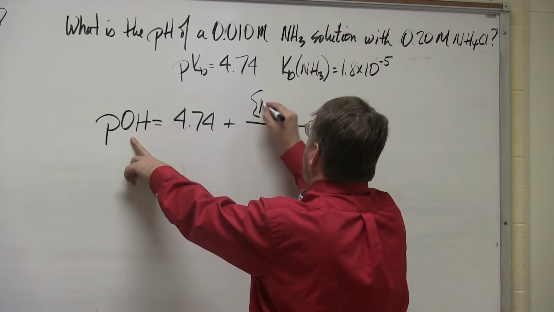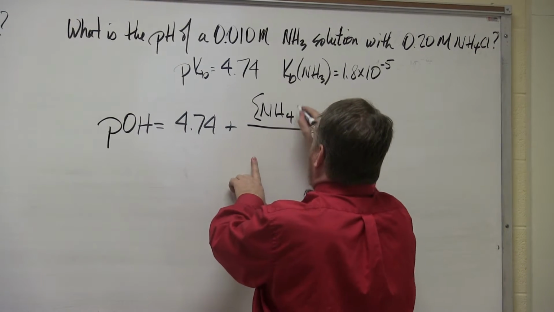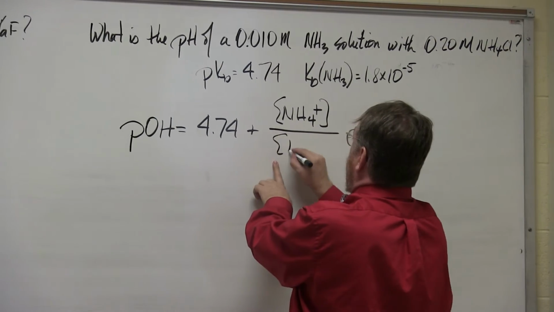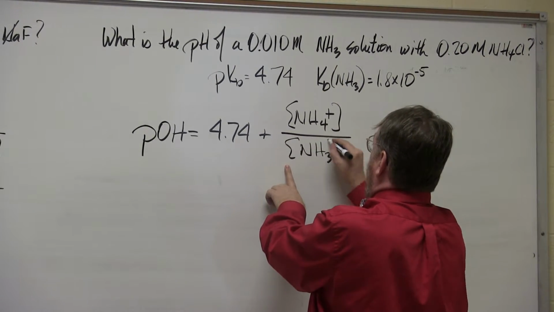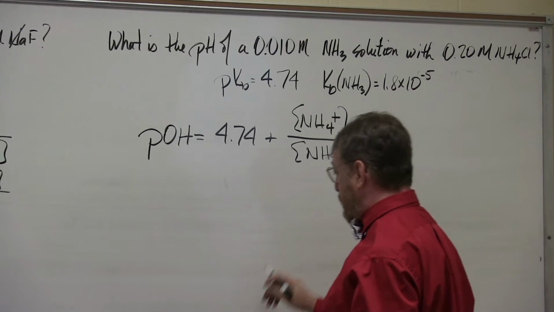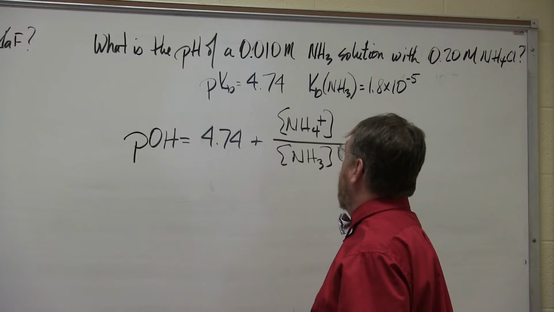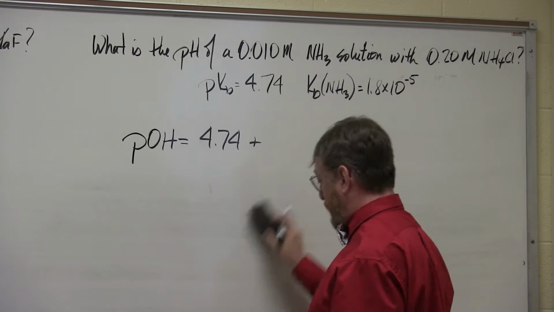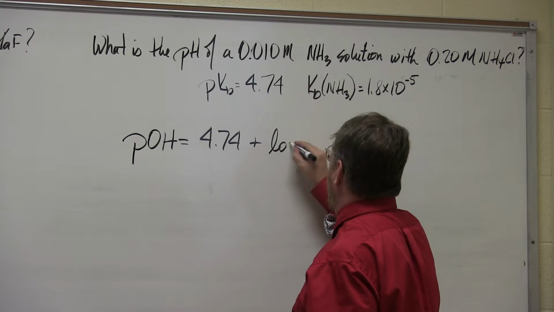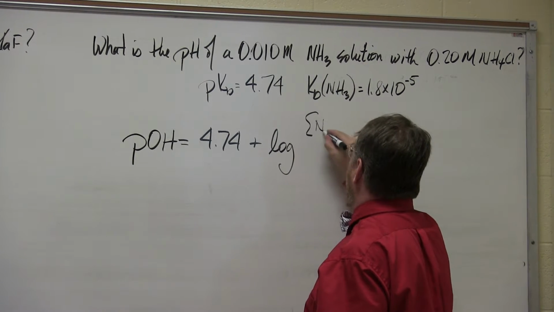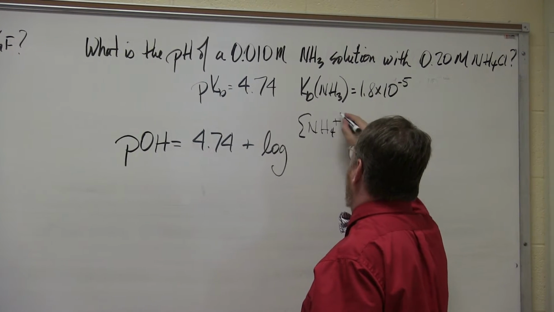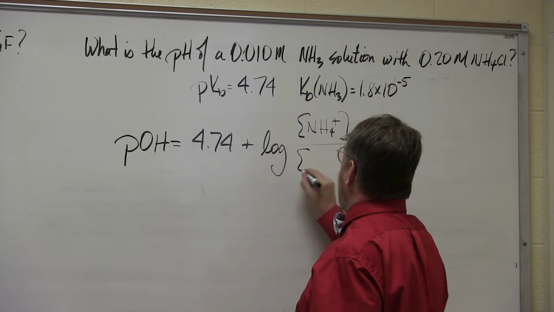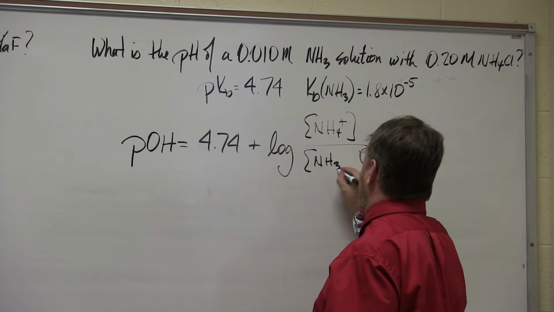So let's go ahead and write it out. NH4 plus over NH3. We have the ammonium concentration, and you know what I did? I left off my log. Let's erase that and fix that. Log of the ammonium concentration, the acid piece, over the ammonia concentration, the base piece.